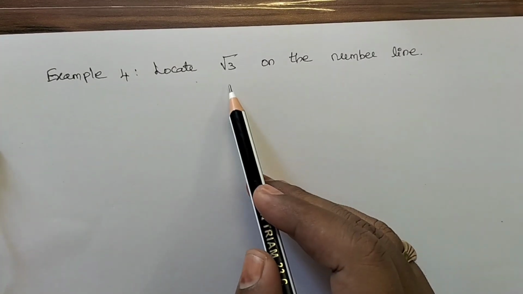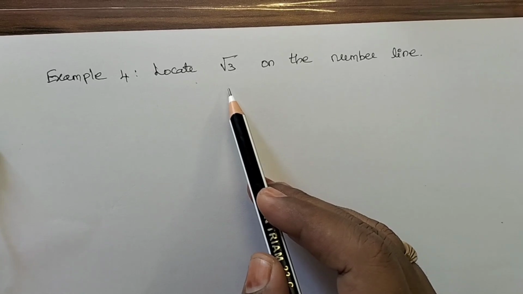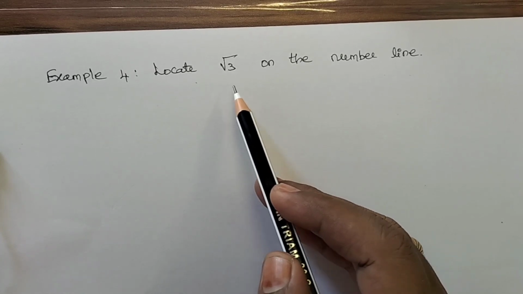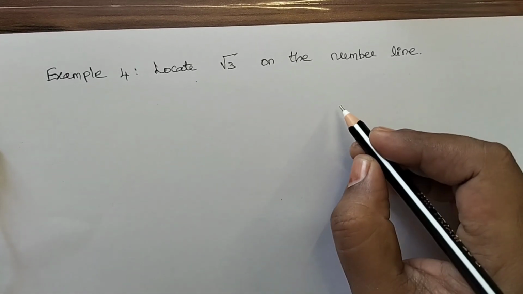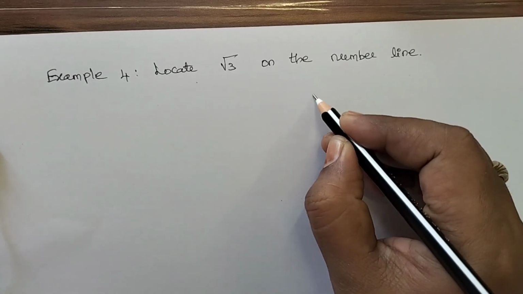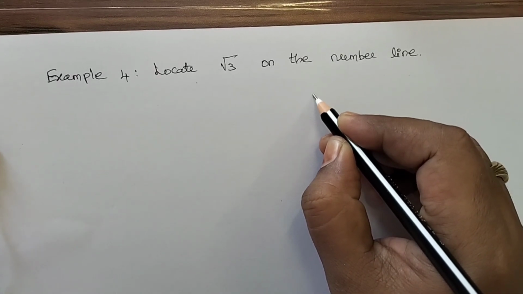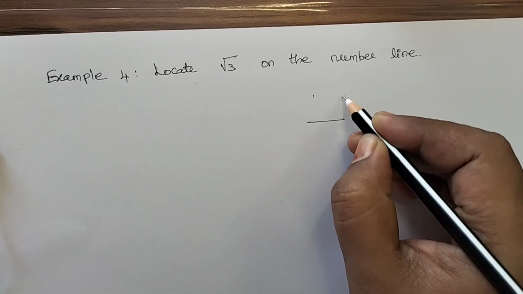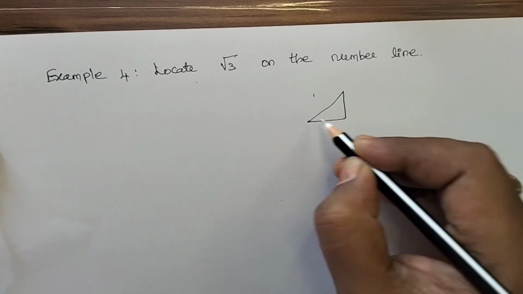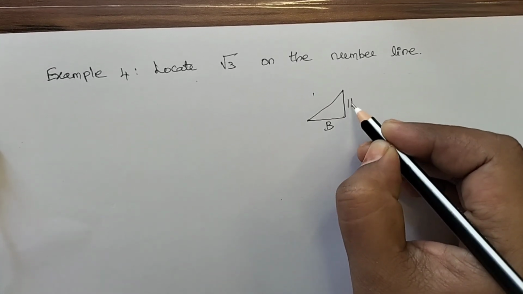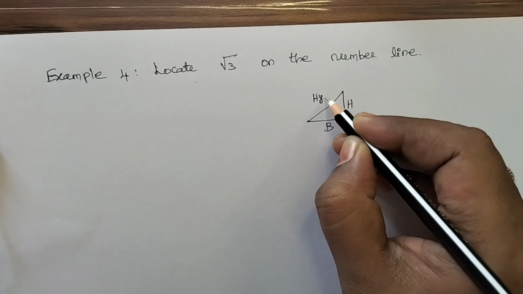Since root 3 is an irrational number, we first need to consider the Pythagoras theorem. According to the Pythagoras theorem, in a right angle triangle we have base, height and hypotenuse.